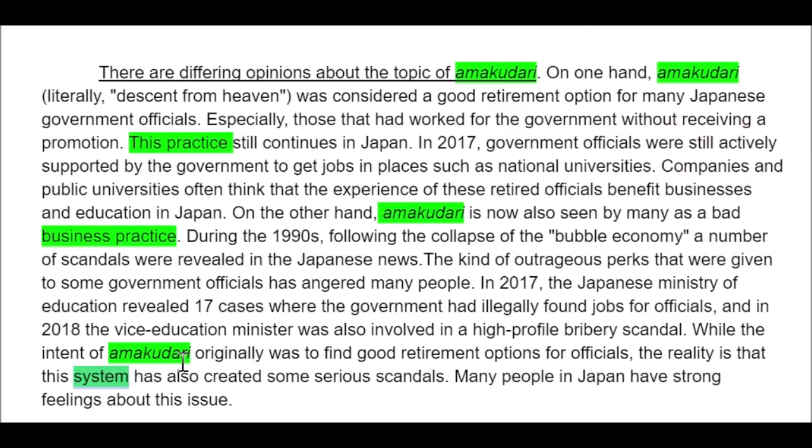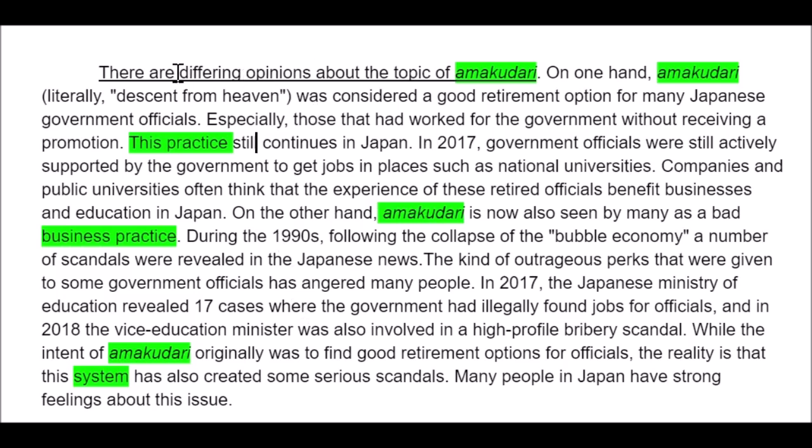System is a synonym for practice, and both are words that have a similar meaning to Amakodari. It's a system, it's a way of doing things. If you're not sure about the meaning of practice, as I'm using it in this video, please have a look at a dictionary, and you can always ask me in class.